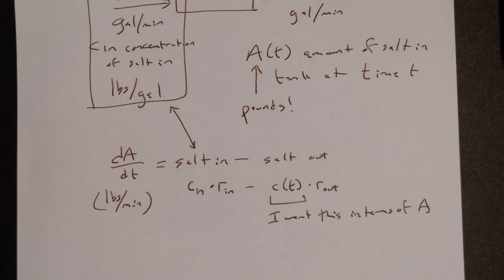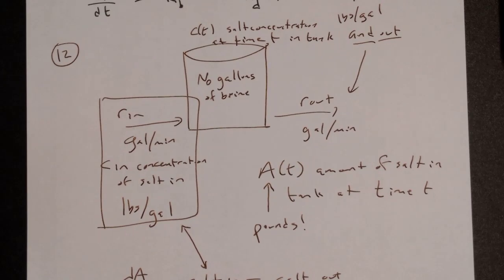What if we went the other way? And I asked, can we rewrite this in terms of A? A is pounds. What do I need to account for to get the right unit? Gallons. And I know how many gallons the tank is.